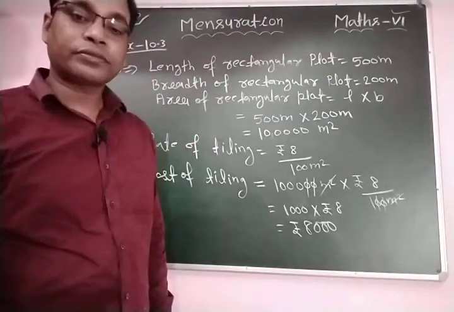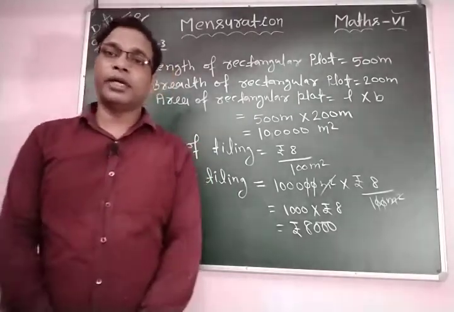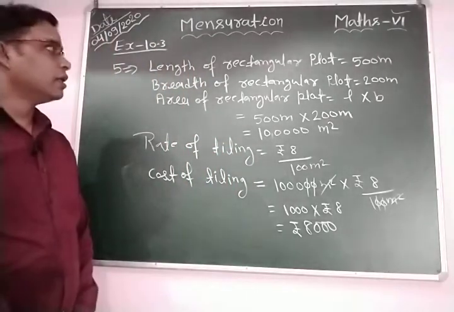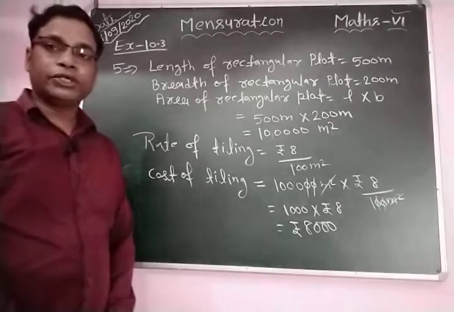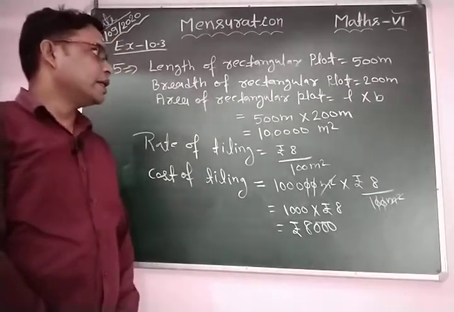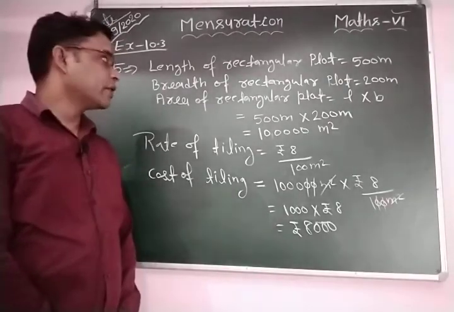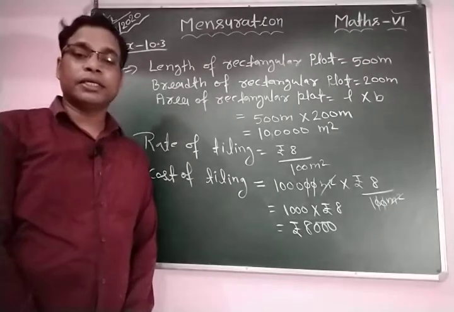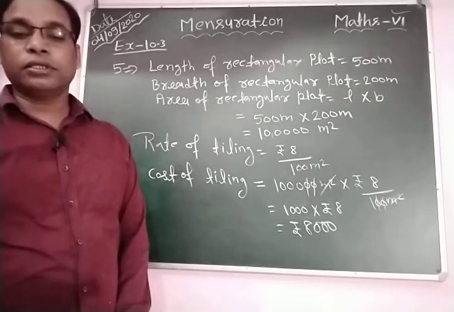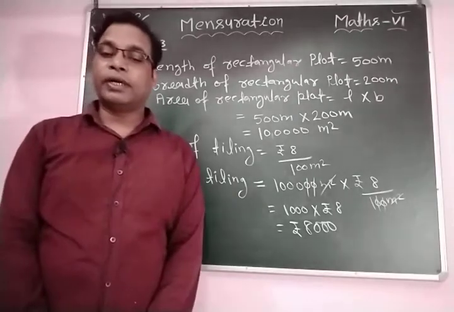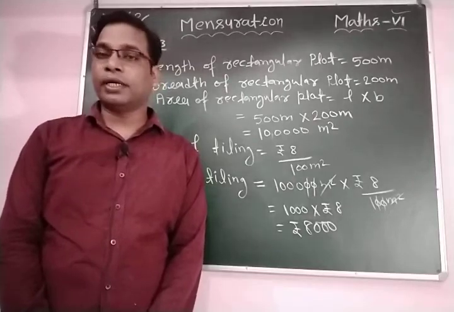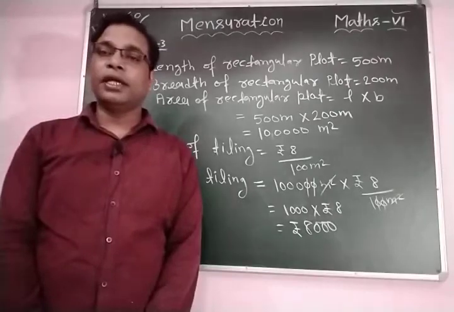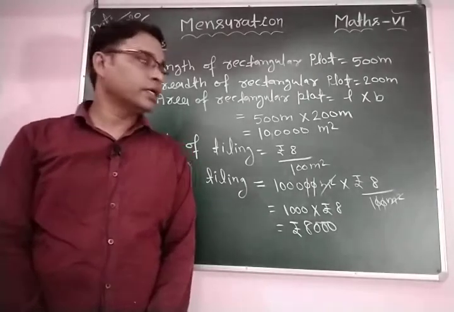In this question, if you read it, you find that the length of a rectangular plot is 500 meters and the breadth of the rectangular plot is 200 meters. Now we find the area of the rectangular plot, because the question asks what the cost of tiling of the rectangular plot is. The rate of tiling is given as 8 rupees per 100 meter square.